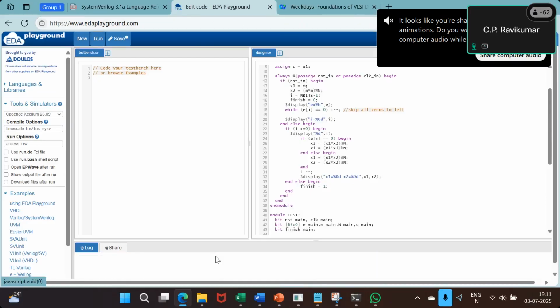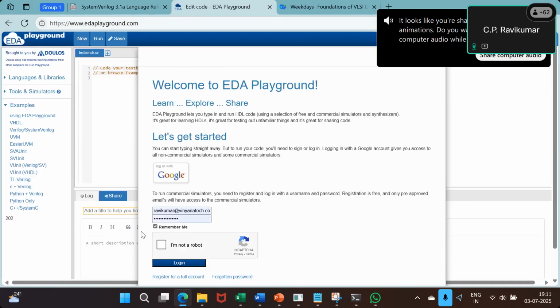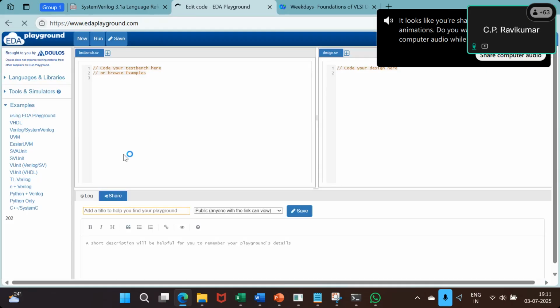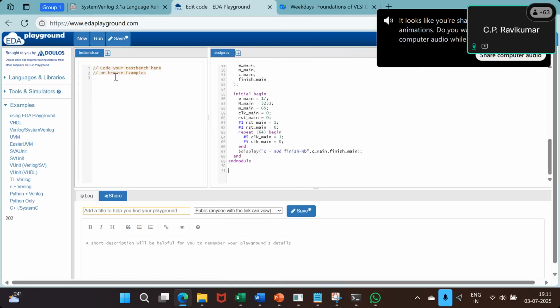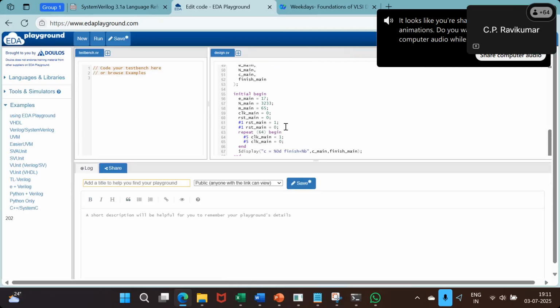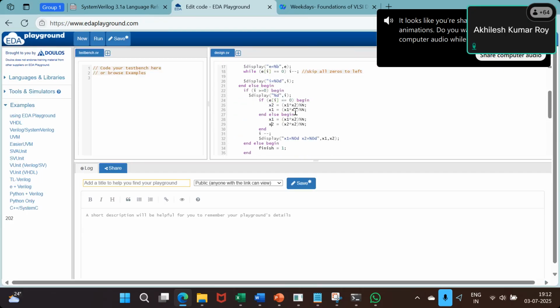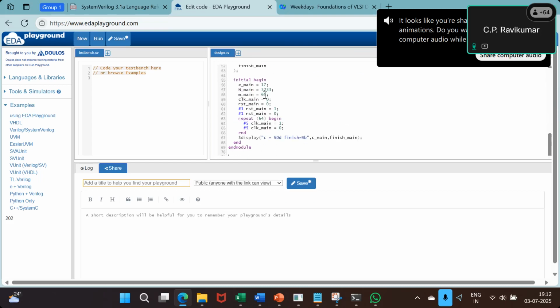And if you run it as it is, if you recall, when we used an example, 17 was the value of E, and this M we took from Wikipedia, 3233, and M was 65.